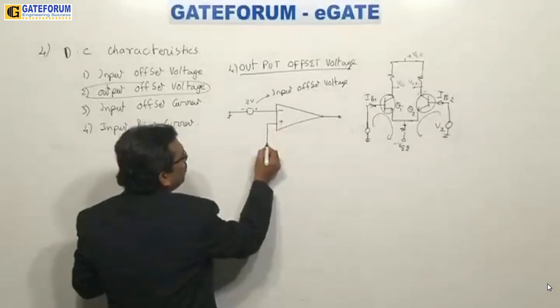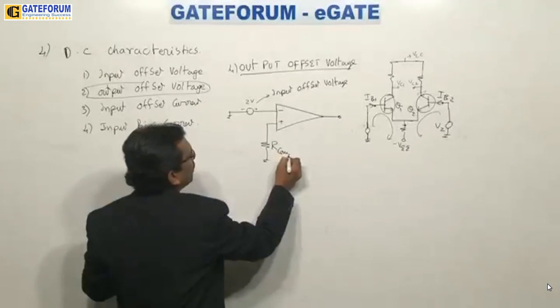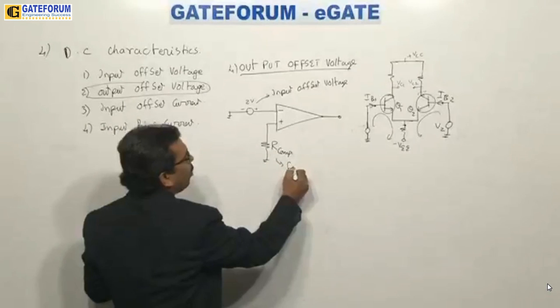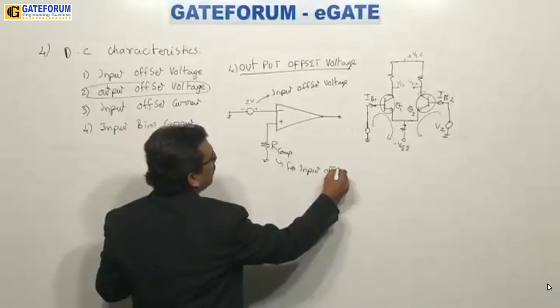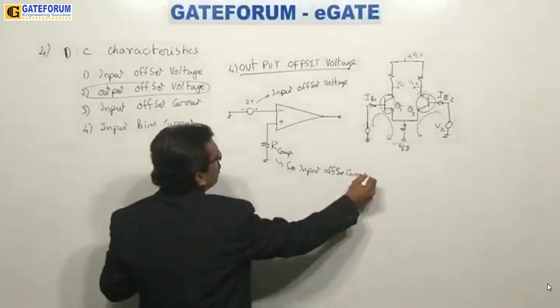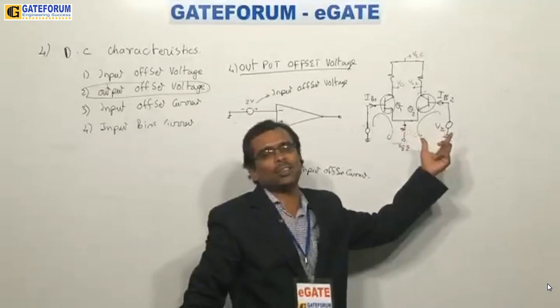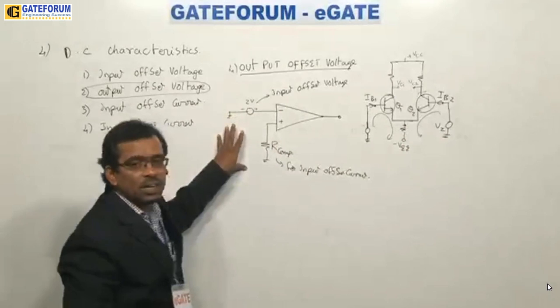And to overcome the input offset current, you have connected one resistor here, R compensation, at this point, for the input offset current. Both of these exist because of mismatch in the transistors while manufacturing. To overcome these two, you have given this.